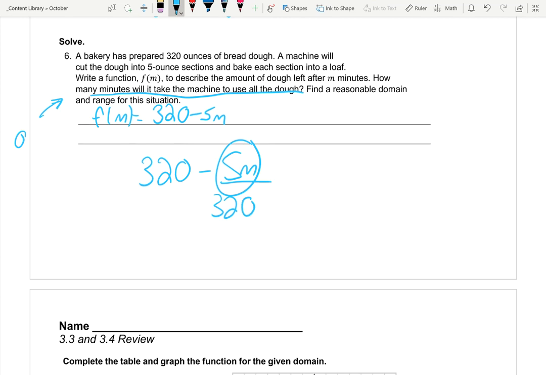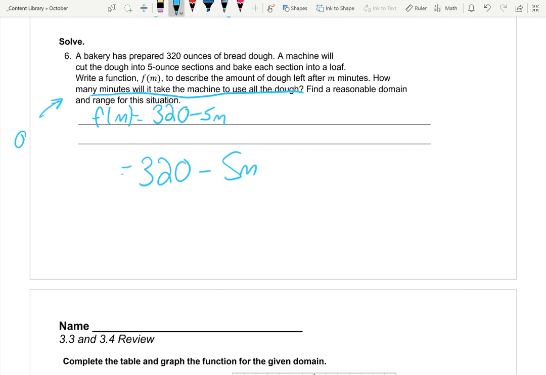Because 320 minus 320 would mean that we have 0 dough remaining. So that's why 5m ends up equaling 320, and why we solve that, because we're trying to figure out when this equals 320. And so that's why we do that.